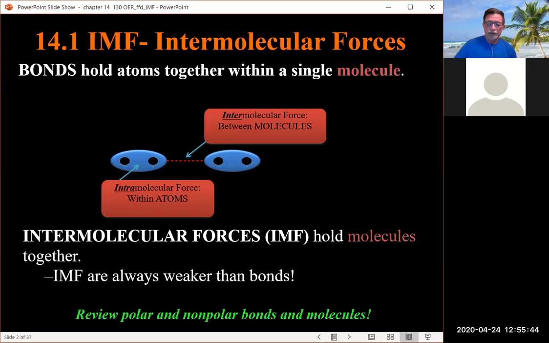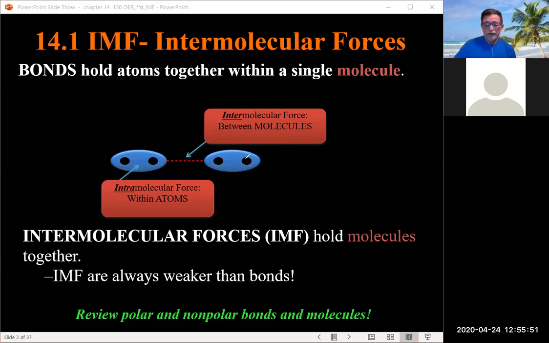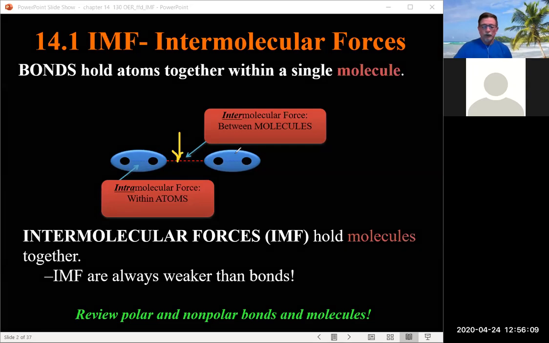Okay, so intermolecular forces. What we're talking about in this example here, we have two molecules that could be anything, could be diatomic molecules. Let me change my color here because I'm a little bit red. We're talking about the interaction that's occurring right here, denoted by that red dotted line. We have a molecule here and a molecule here, and depending on what type of molecules, there is an attraction for each other.